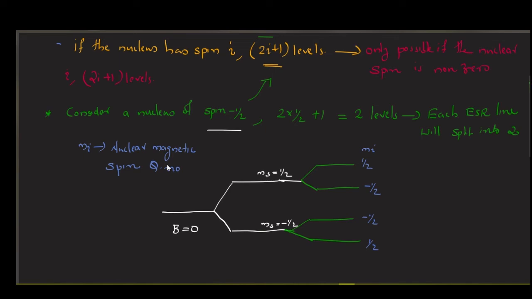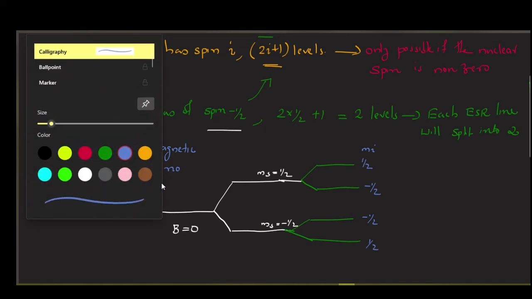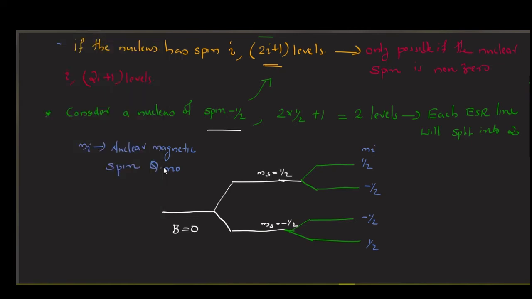Now, here we have a selection rule. That is delta ms equal to plus or minus 1, and delta mi equal to 0.